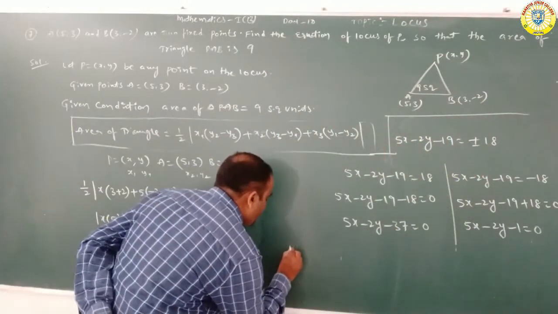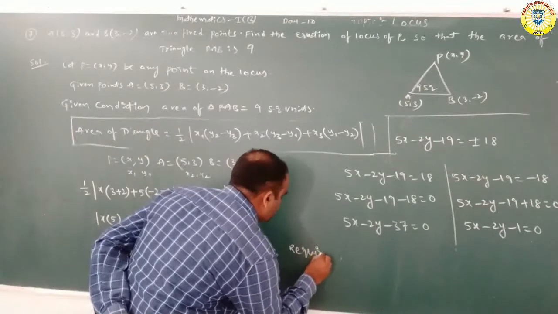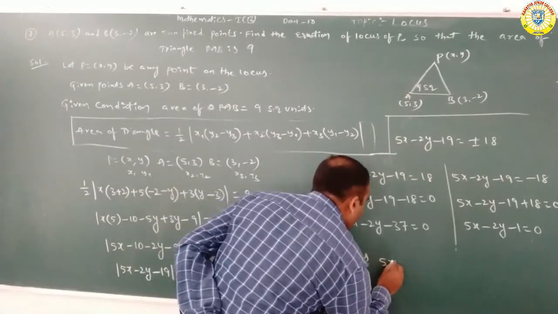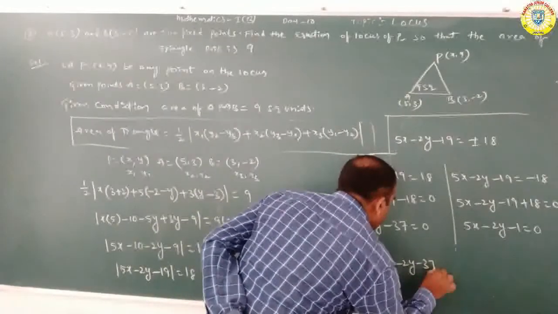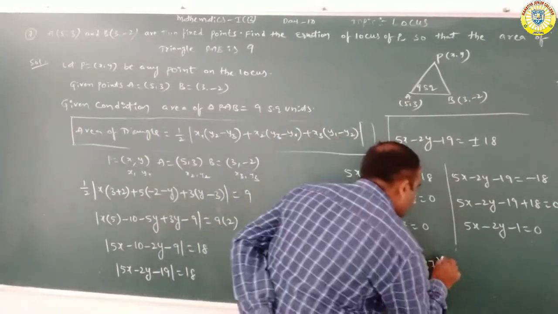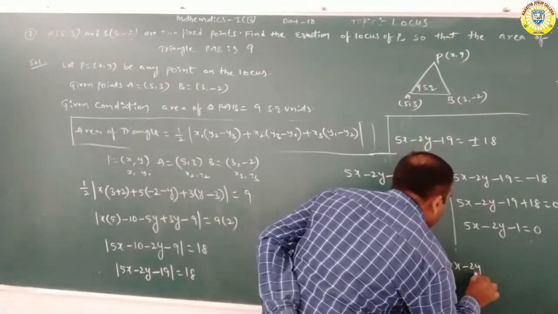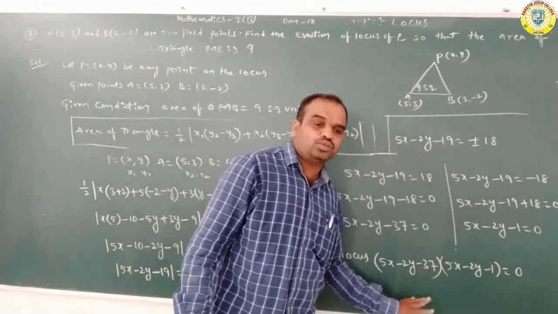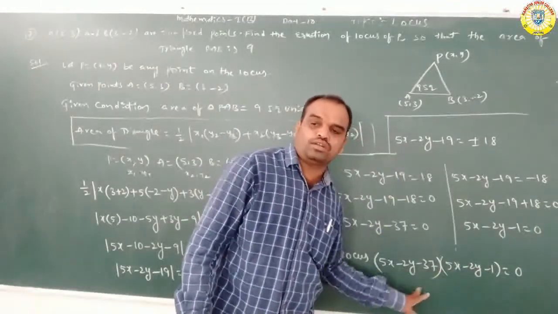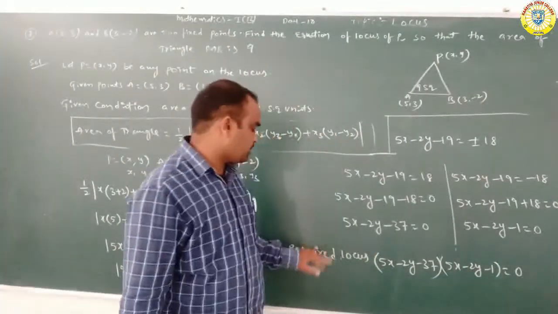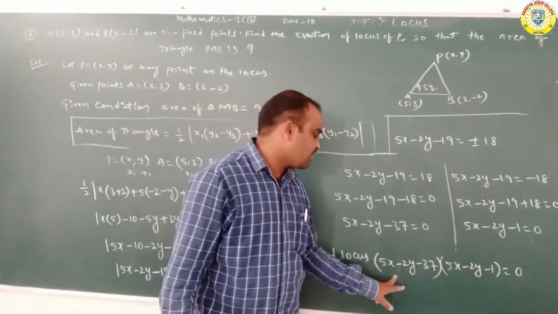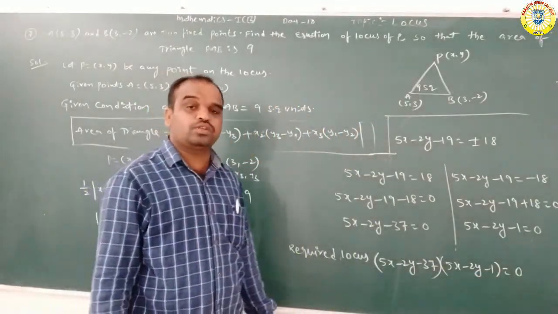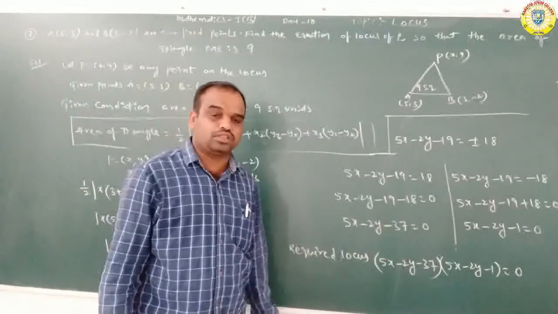Therefore, the required locus is obtained by combining these two; no need of multiplication, just write it like this. So this is the required locus: (5x minus 2y minus 37) into (5x minus 2y minus 1) equal to 0.